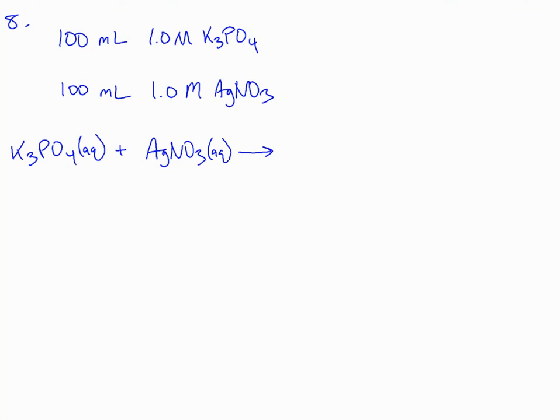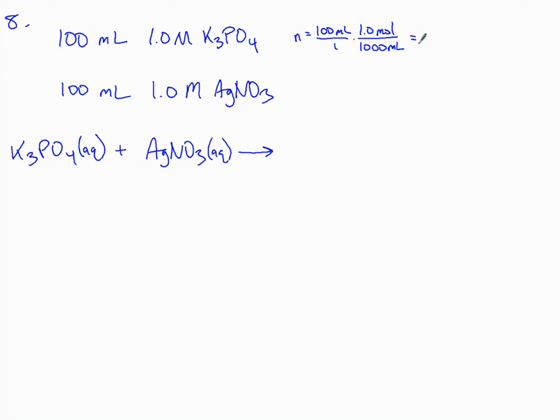So the first thing we want to do is probably figure out moles based on each of these. So for potassium phosphate, we have 100 milliliters of 1.0 molar. So if we want moles, which is M, 100 milliliters, and it is 1.0 molar, which is moles per liter. And we have milliliters here, so I'm going to write it as 1,000 milliliters rather than 1 liter.